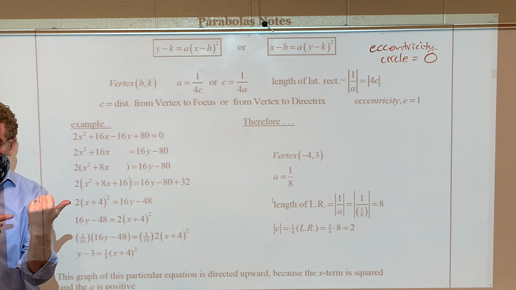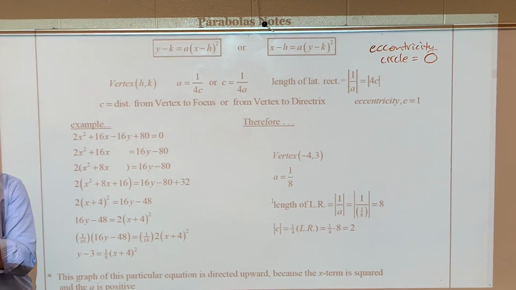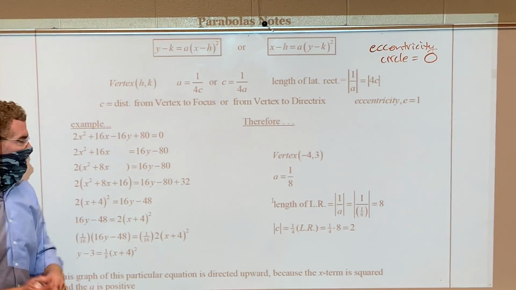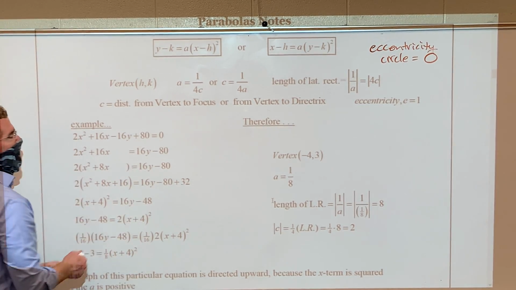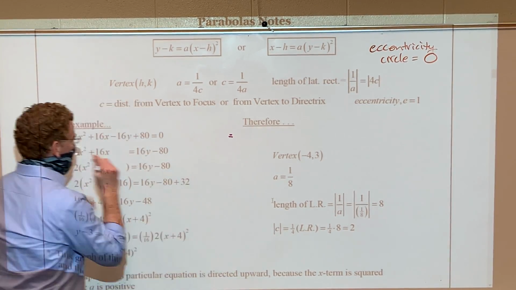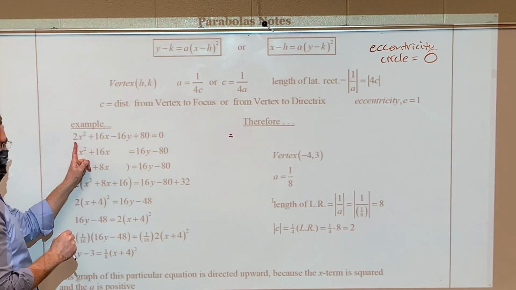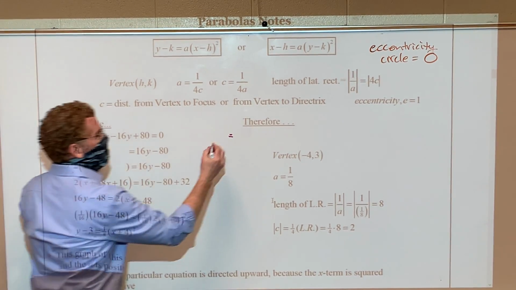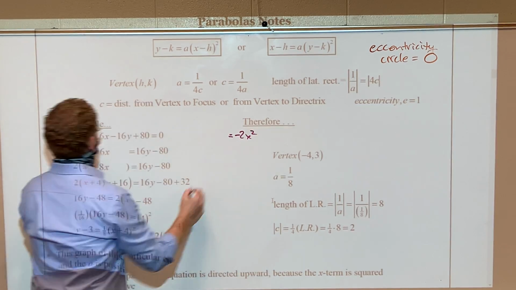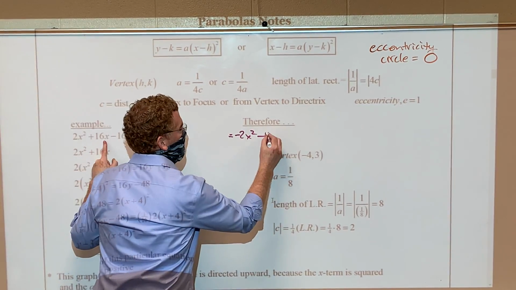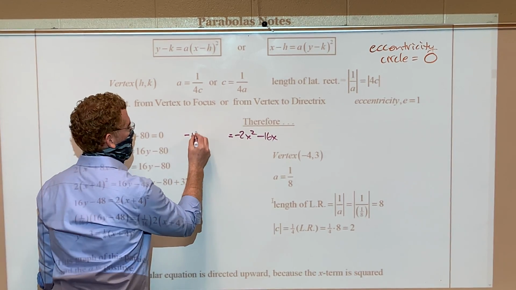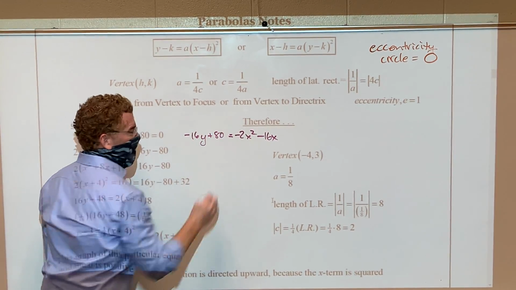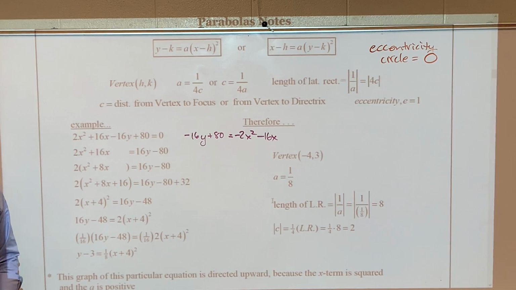On the right side, and the non-squared stuff on the left? So another option here would be to say, you know what, instead of doing this, I could take the squared stuff, the x's, move it over, which would give me negative 2x squared, negative 16x, and leave the negative 16y and the 80 right here.